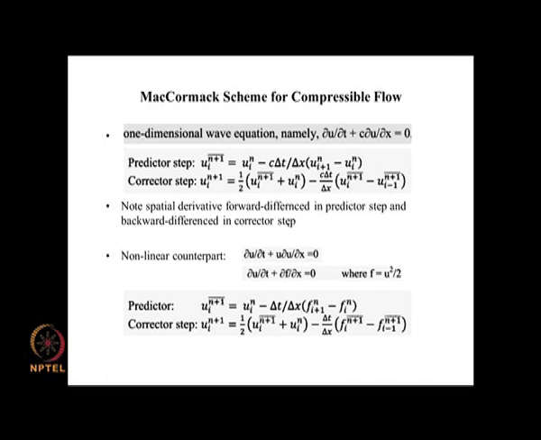Now if you have a nonlinear equation, here c is constant, and what we typically have in our Navier-Stokes equation is a nonlinearity like ∂u/∂t plus u ∂u/∂x equal to 0.